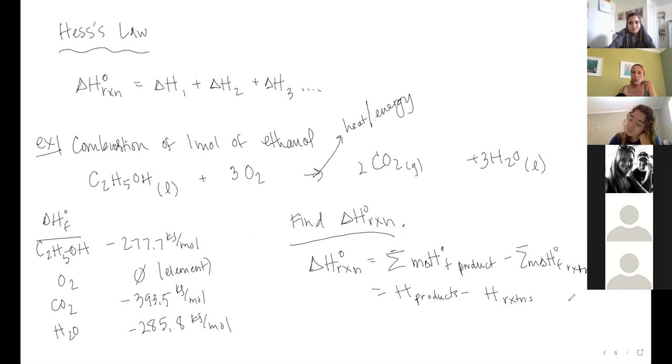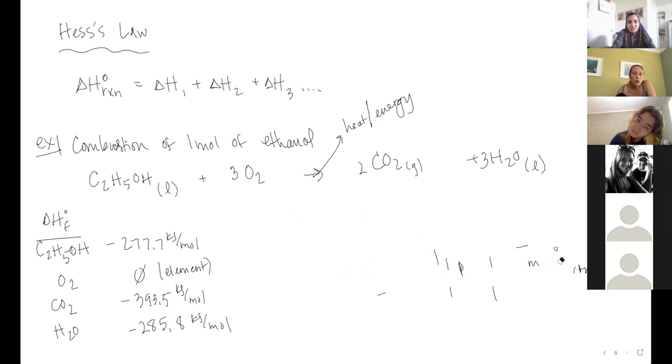Wait, I'm sorry. Wouldn't it just be 1 because there's already 1 oxygen in the C2H5OH and the O2? So we have 1 oxygen here, and then we had another 2 oxygen here, which means that we would need to balance those, but we first needed to balance the carbons.